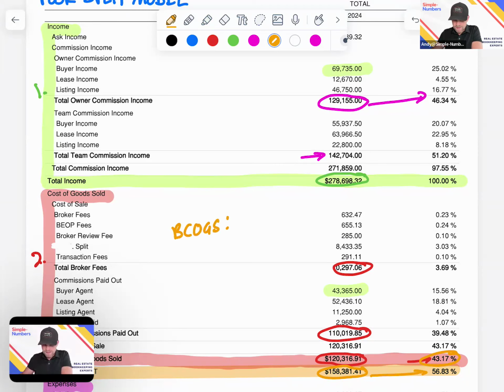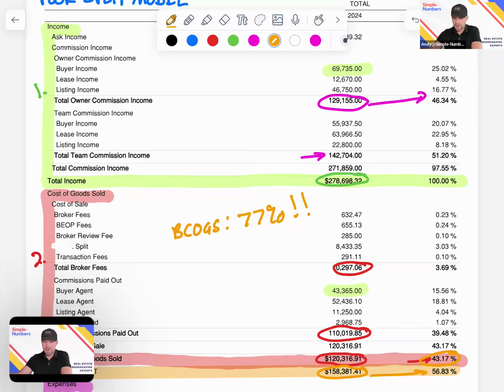In this case, it was 77%. So every buyer deal that's done by a team member costs the company 77%. In other words, 77% goes to the agent, and the balance of 23% comes to the team. So we have 23% to work with to pay the bills and still have profit on a buyer deal.